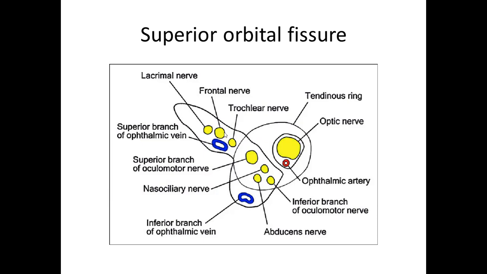If these features are there, then it is superior orbital fissure syndrome. If along with these cranial nerve entrapments there is optic nerve involvement, then we call it orbital apex syndrome. How to differentiate between orbital apex, superior orbital fissure, and cavernous sinus syndrome is mainly the involvement of the V2 segment.